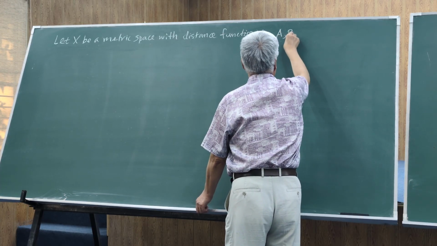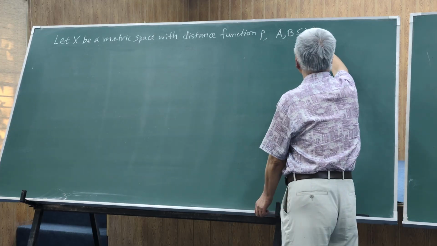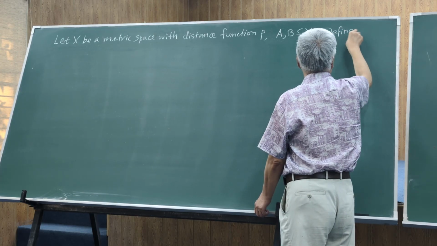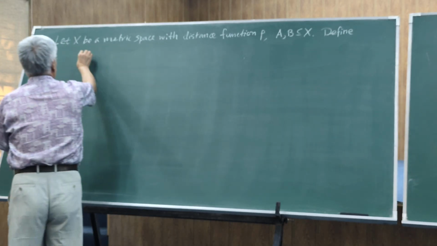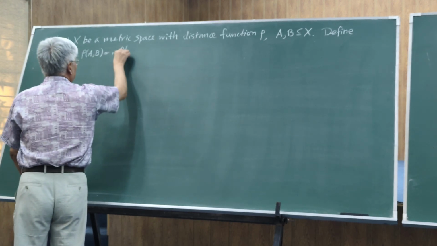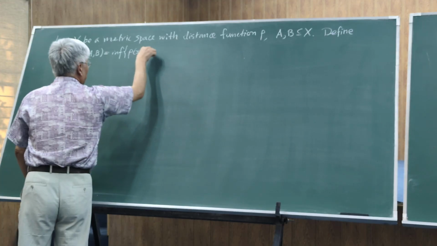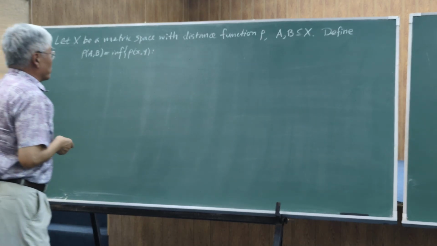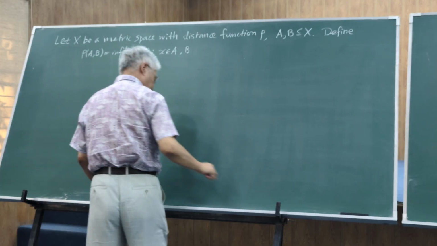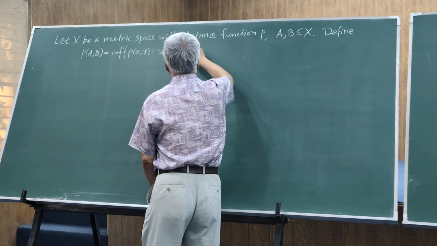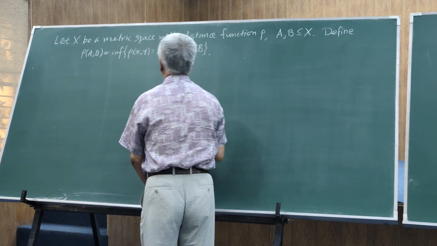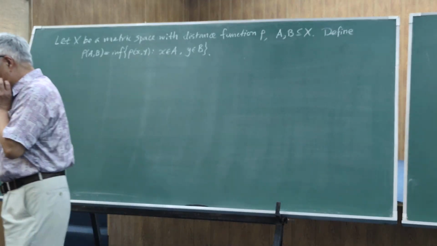Take subsets A and B. Then we can define the distance between A and B, rho of A, B, as the minimum of distances, which exists because the codomain is non-negative, where x is in A and y is in B. This is a distance between two sets.